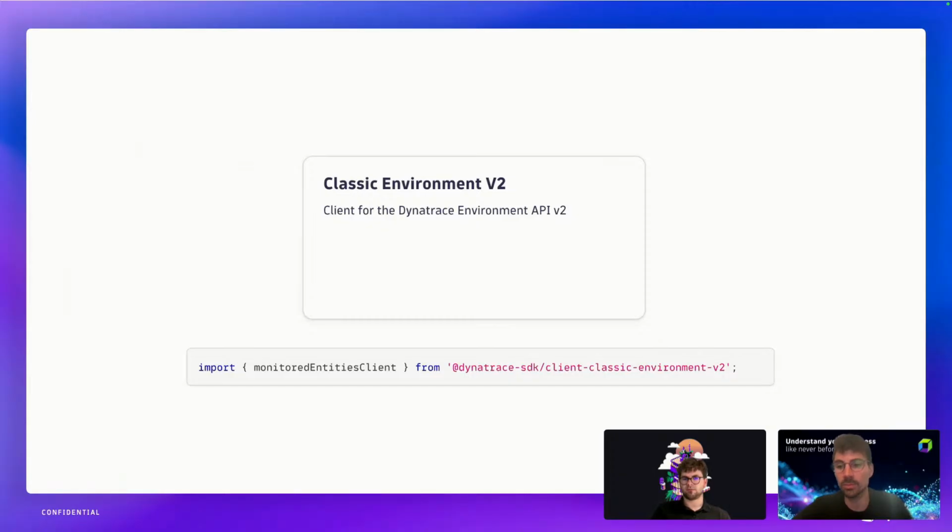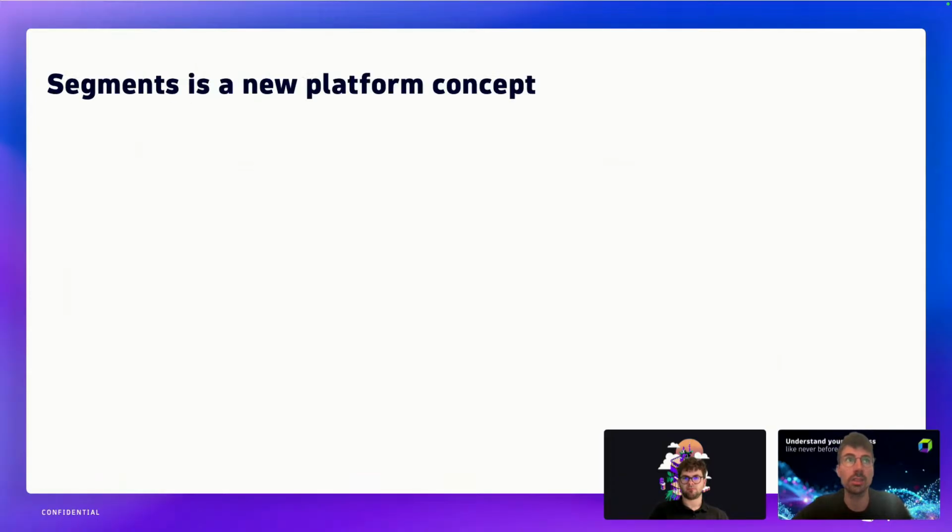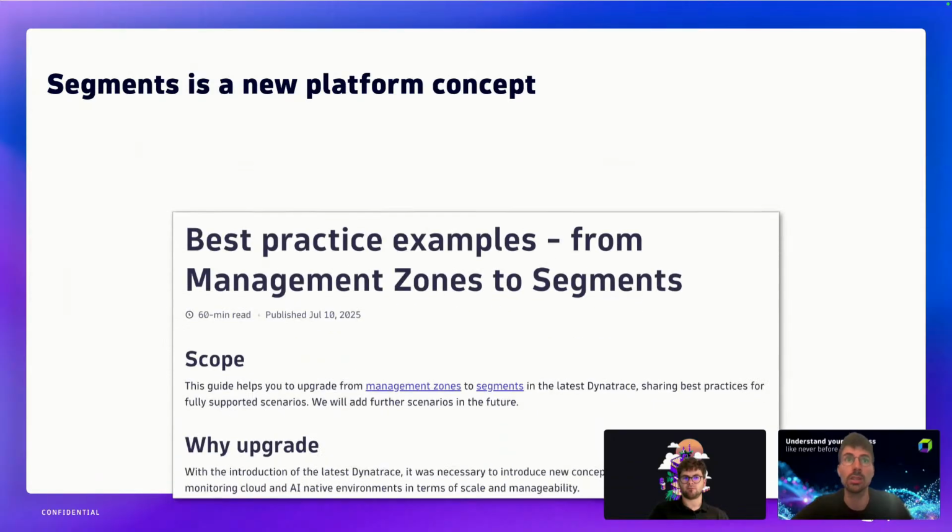And since classic environment V2 is not from the new platform, it's from the old one, this is currently not supported. So you cannot filter by segments on the classic environment V2. You can filter by management zones instead. And you cannot filter in segments because segments is a new platform concept.